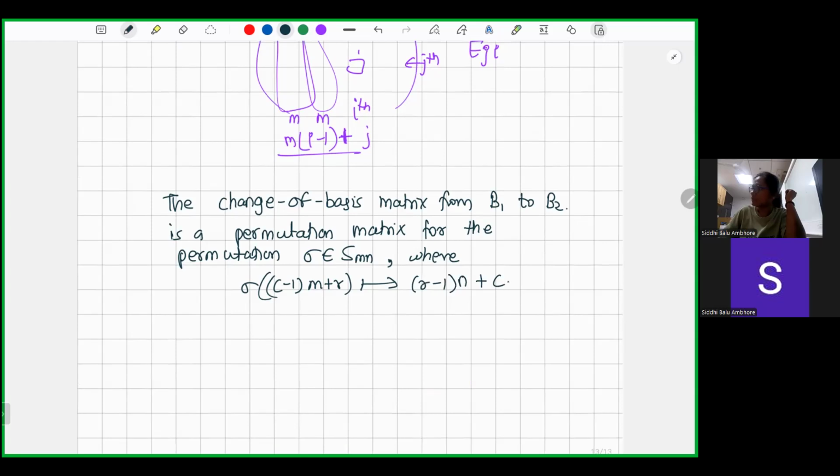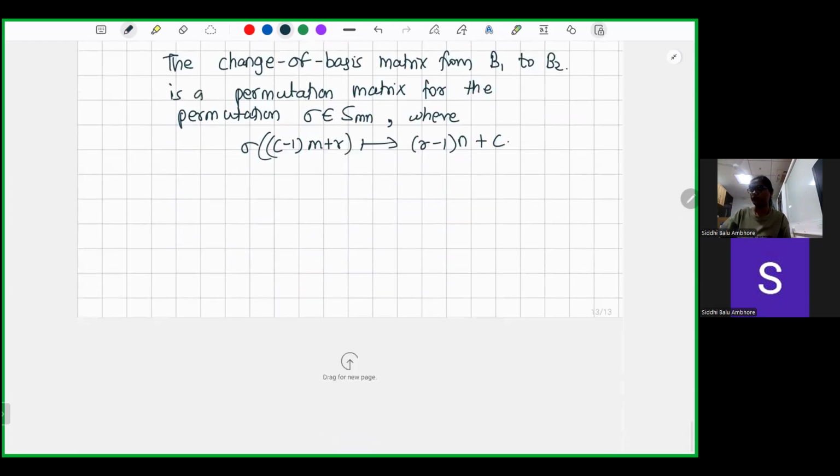The columns correspond to B1 and the rows correspond to B2. The column is taken care of by C minus 1 M plus R, and this gives the entry at that row.